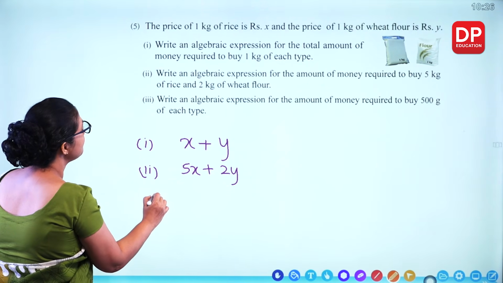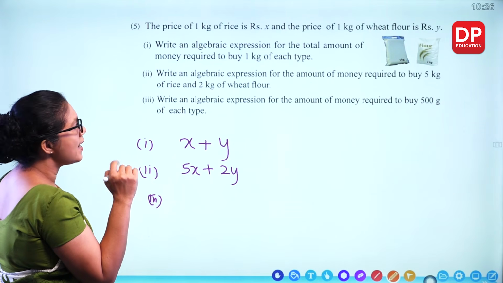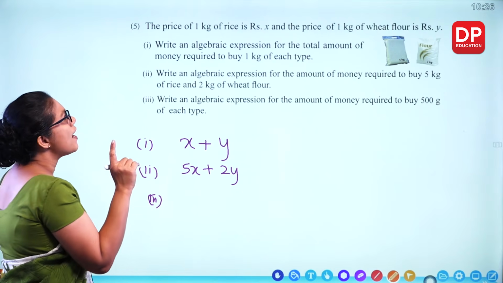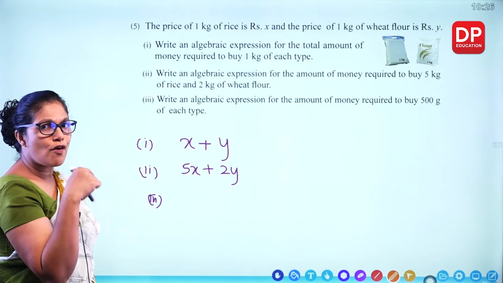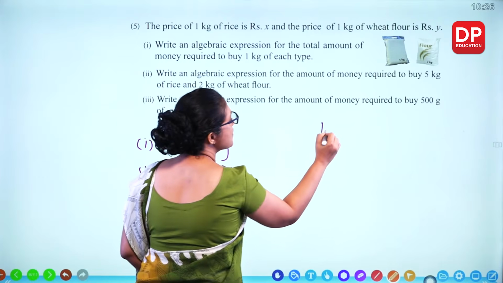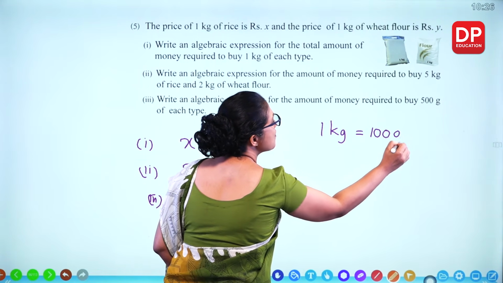Third one, write an algebraic expression for the amount of money required to buy 500 grams of each type. 500 grams means half of that. 1 kilo means 1000 grams.